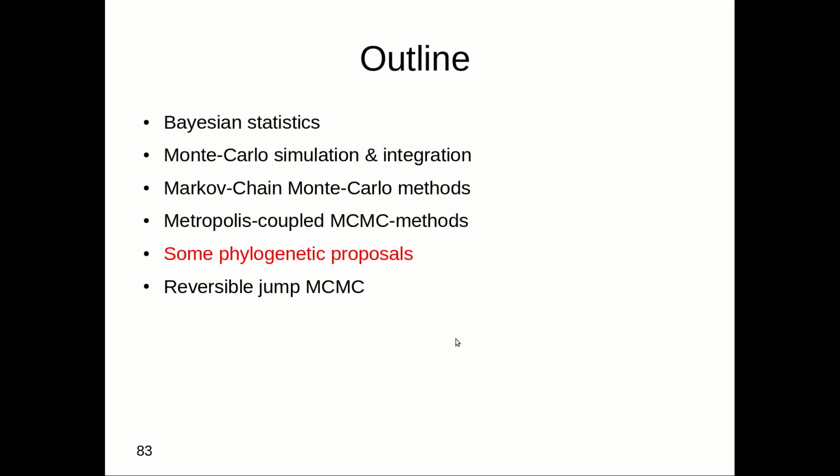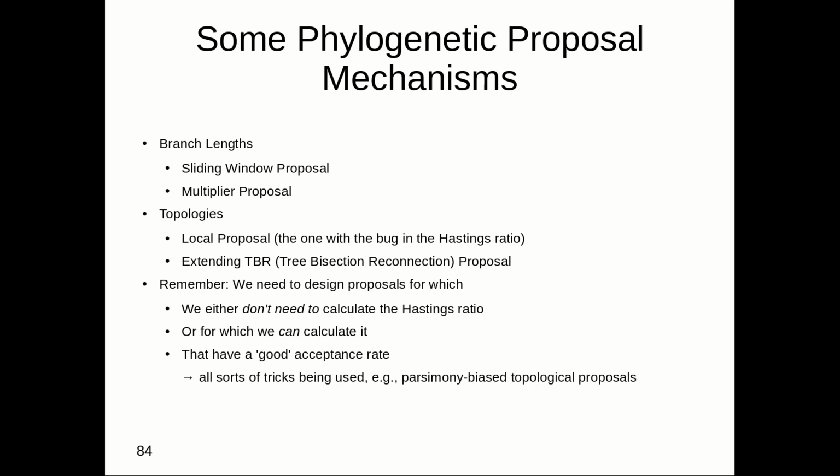Okay, so now I wanted to provide you some examples for phylogenetic tree proposals. So how does our robot that tries to find trees with high posterior probability work in practice? Right, so I will first talk a little bit about branch length proposals. There are two types of proposals, the so-called sliding window proposal and the multiplier proposal.